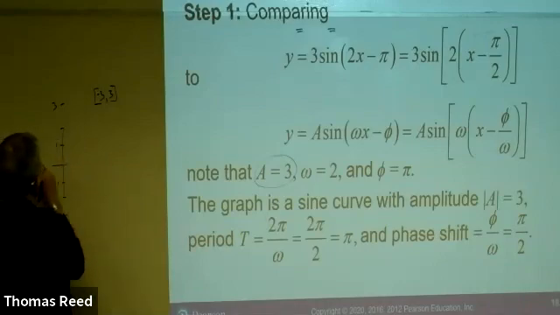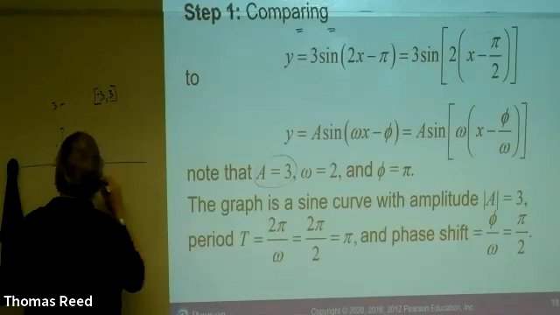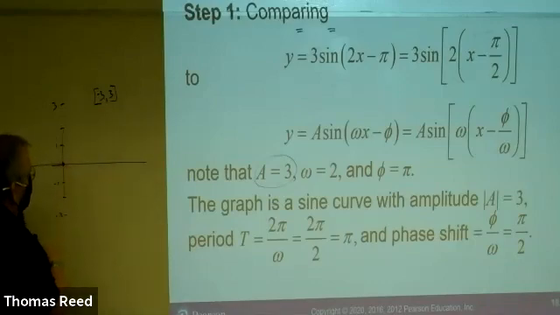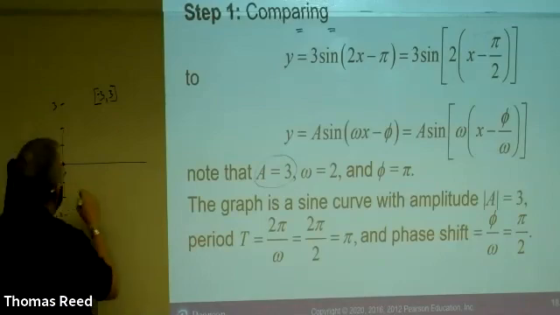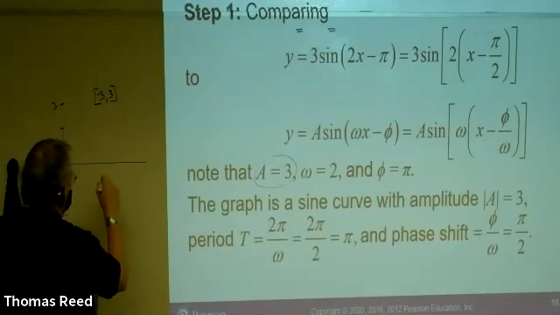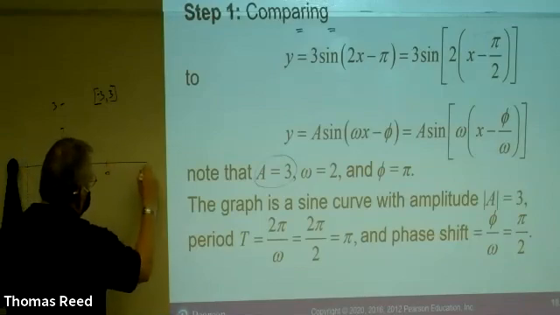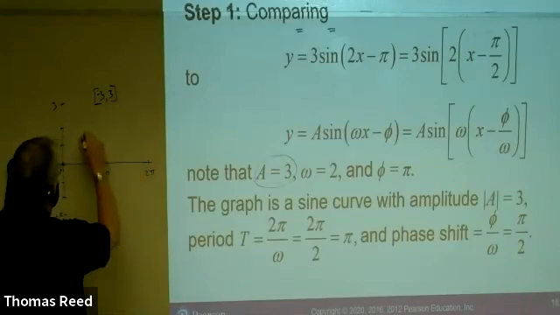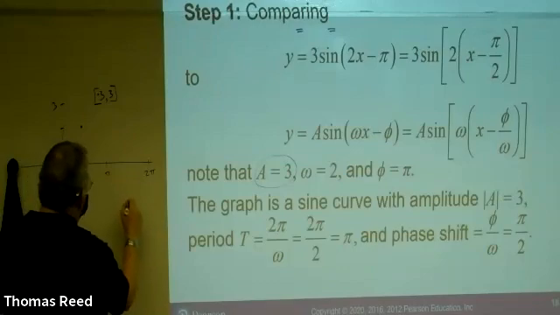So I always look to see what happens to my 0, 0. Because right now, sine, I'm just going to look at the primary period, first period.